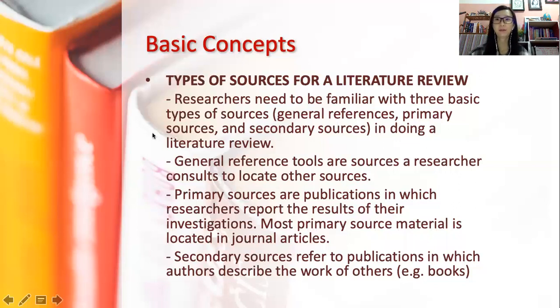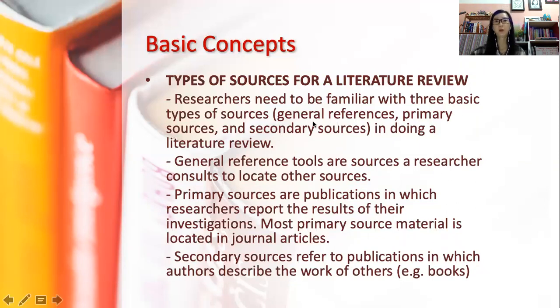So I have mentioned previous studies, which can be reported in terms of unpublished thesis or journal articles. When we talk about the studies, we talk about literature review as well. There are three basic types of sources for our literature review.